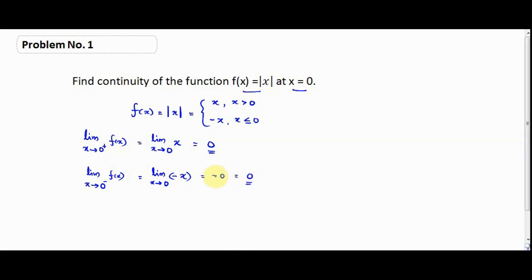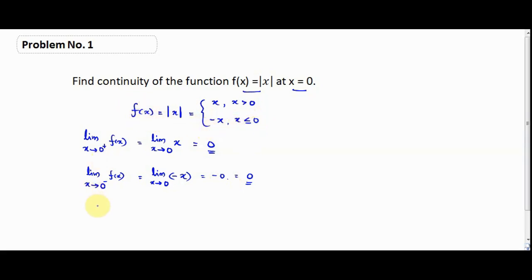So here limit x tends to 0 plus f of x and limit x tends to 0 minus f of x are found to be the same. That is, both are equal to 0. Therefore, the limit exists at the point x equal to 0. Now let's find out the value of the function f of x at the point x equal to 0.